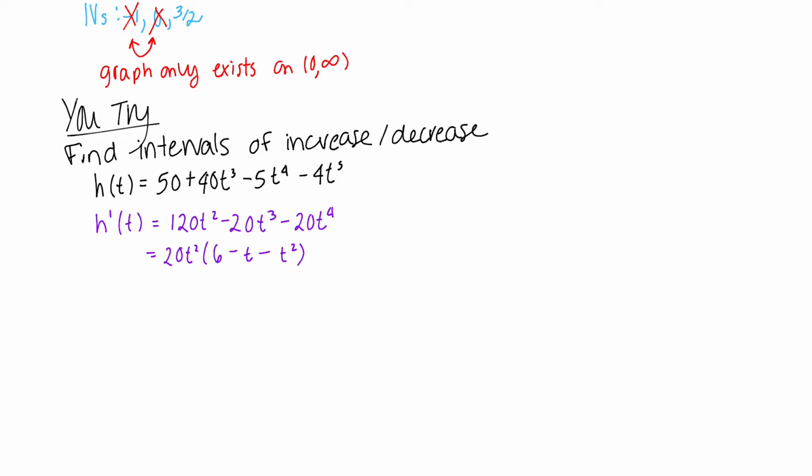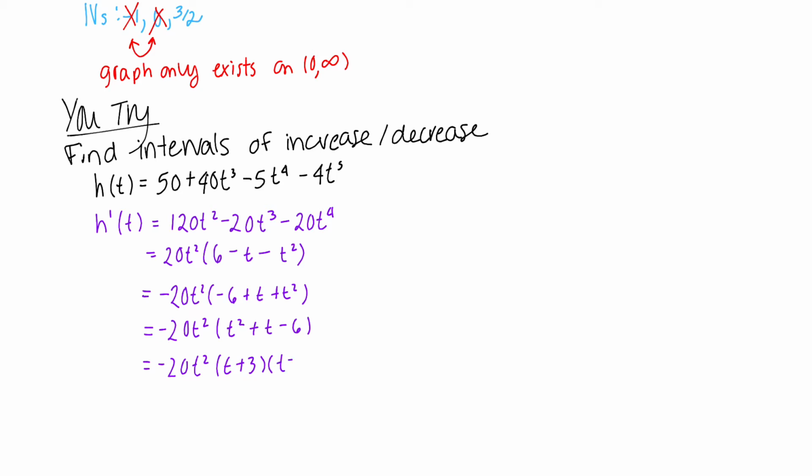Because I want to rearrange this and have the leading term be positive, I am going to factor out a negative. So negative 20t squared, which would give me negative 6 plus t squared. And then I can rearrange it in the order I'm used to for factoring. t squared plus t minus 6. That factors into t plus 3 times t minus 2. So we get t equal to 0, t equal to negative 3, and t equal to 2.